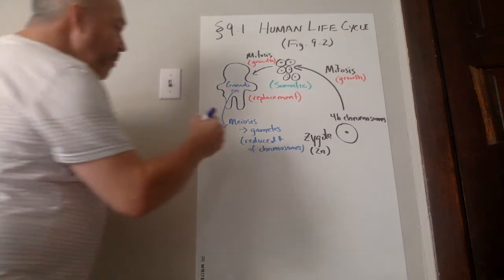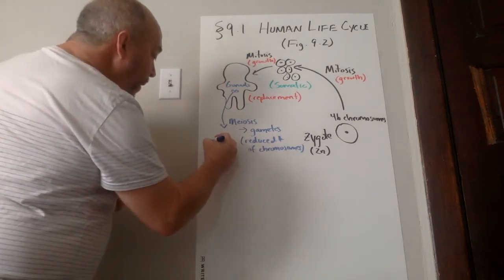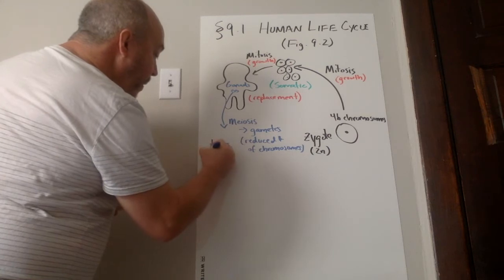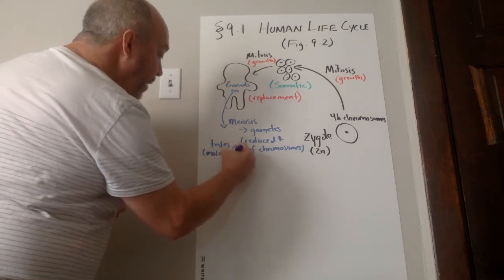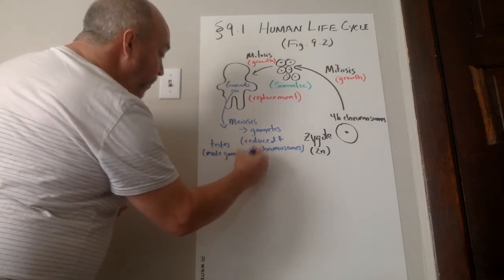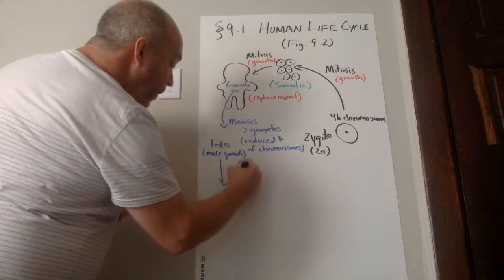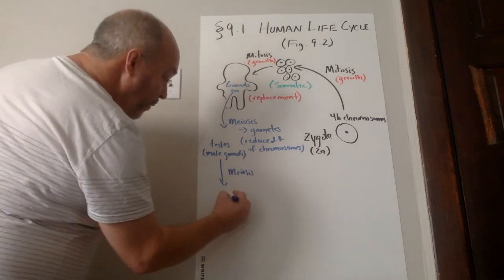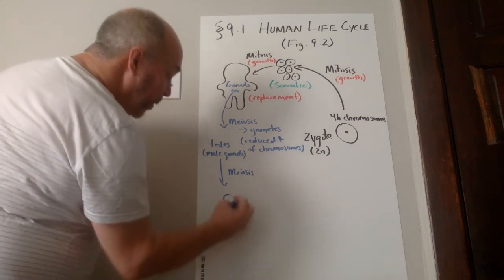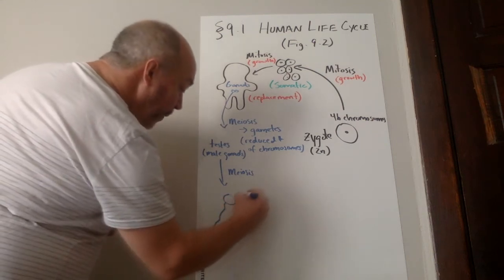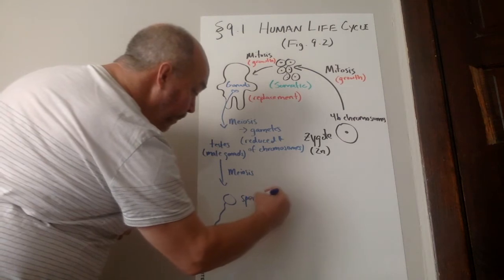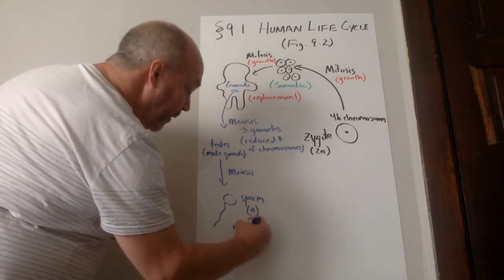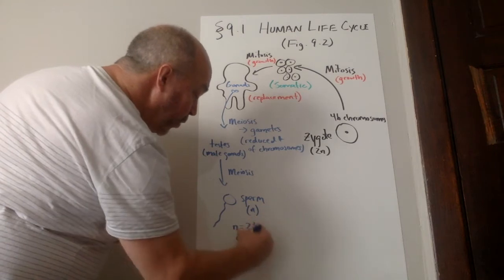After we go through meiosis, if your gonads are testes, these are male gonads, these will undergo meiosis, and they will produce sperm. The sperm will be haploid, which means that they have 23 chromosomes.